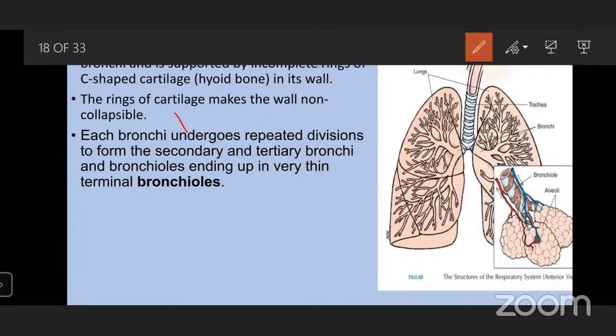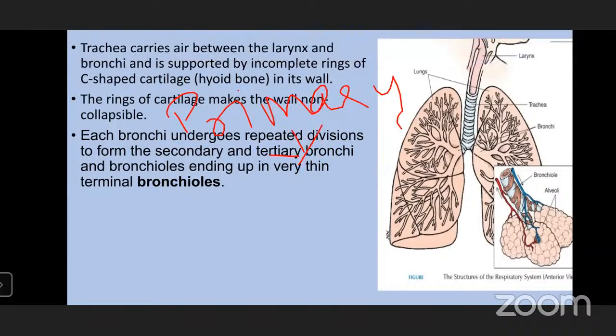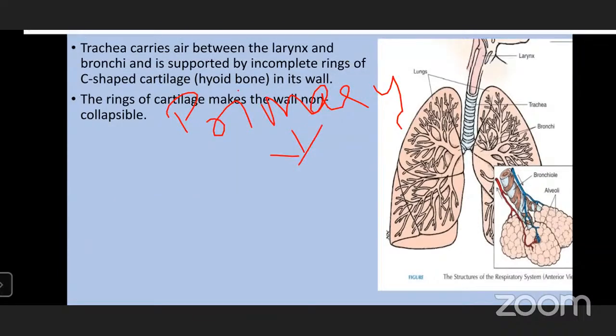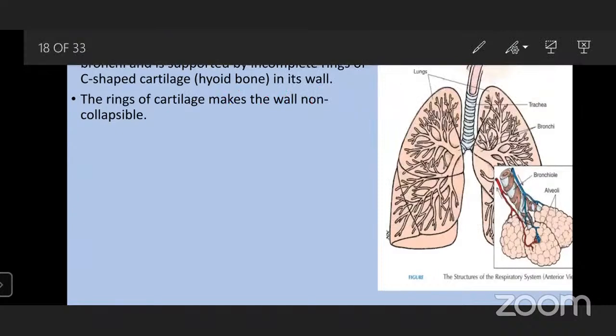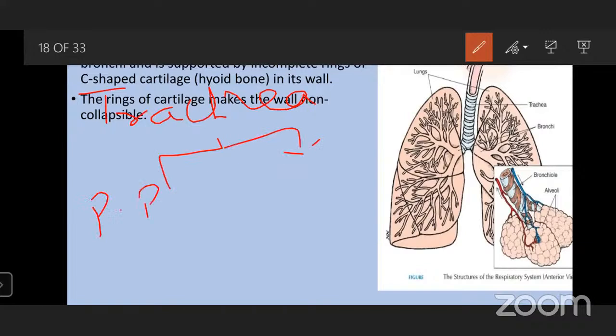So primary bronchi will divide into two. Actually, from the trachea it has divided into two, that is primary bronchi, left and right primary bronchi.